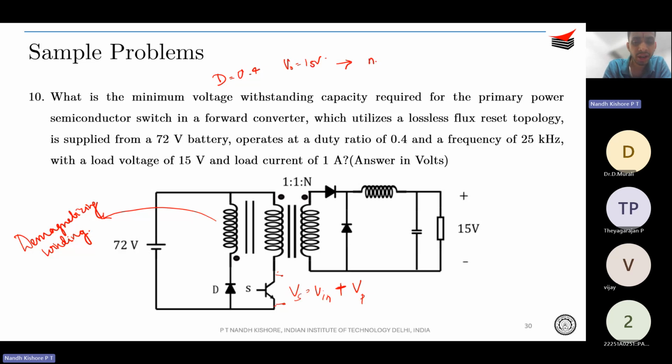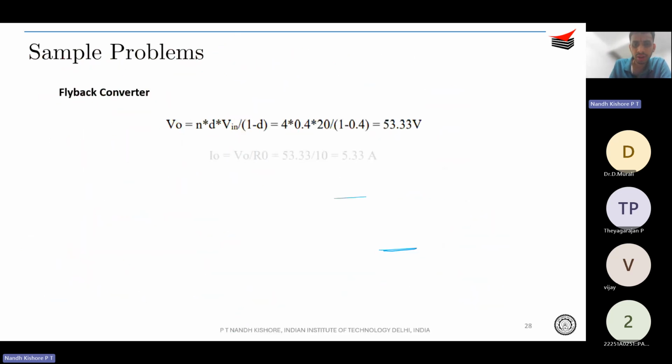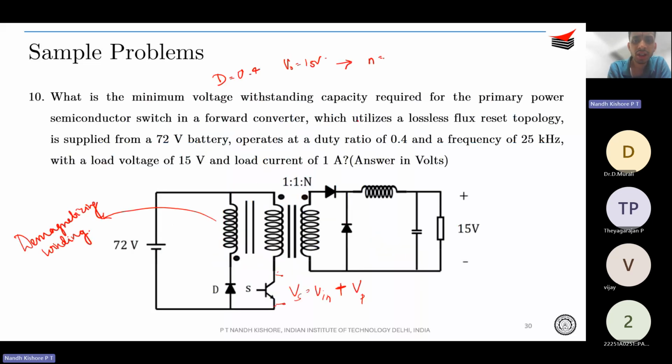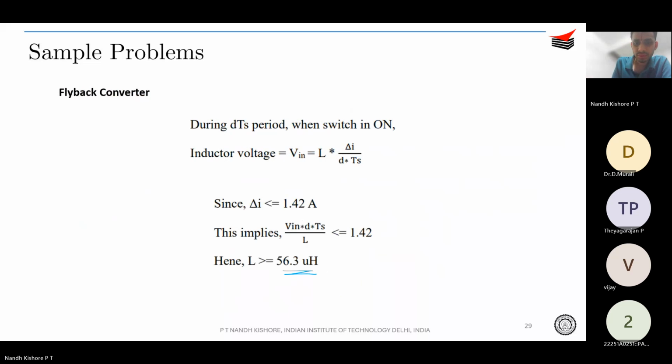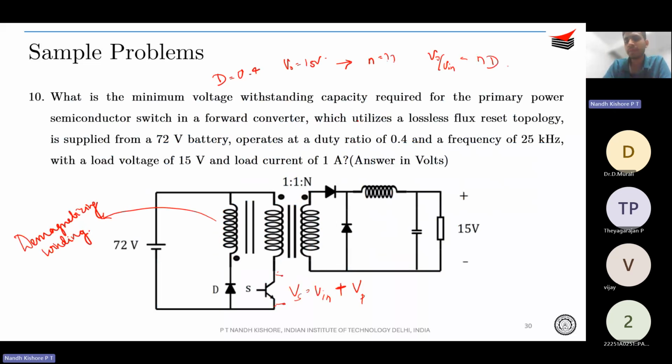So from this, you can get N. This is a forward converter, therefore V naught over Vin is simply N into D. Therefore, you get N. So 72 and D is 0.4, and from that you can get N. Once you get N, you will know that Vp is simply V naught over N, that is the reflected voltage in the primary side.